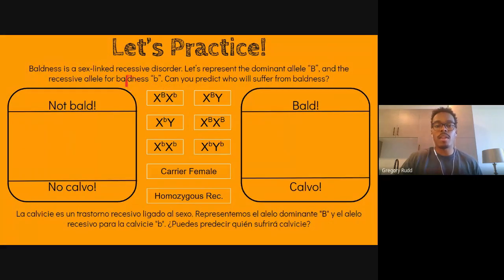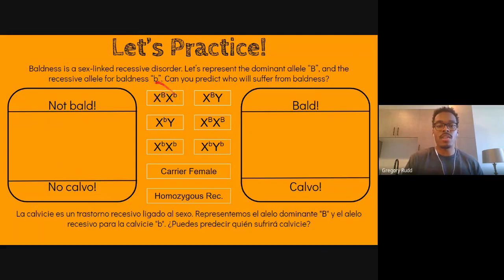That's what baldness is going to be, this lowercase b here. Keep that in mind. But it's still a recessive disorder. So it can still be hidden by a dominant allele. If there is a dominant allele present, then it will hide the recessive allele. It'll take over. It'll say, I'm not listening to you. I'm going to do me. That way this person doesn't end up bald.